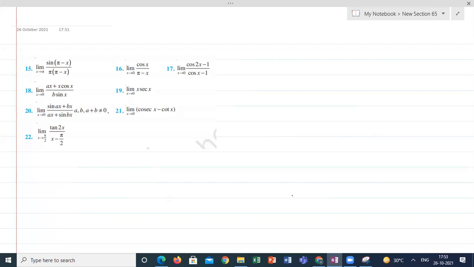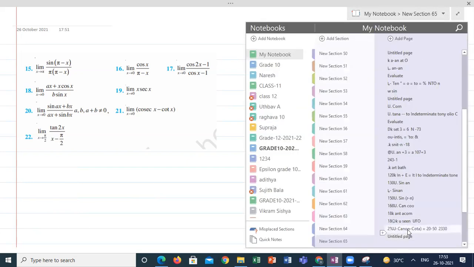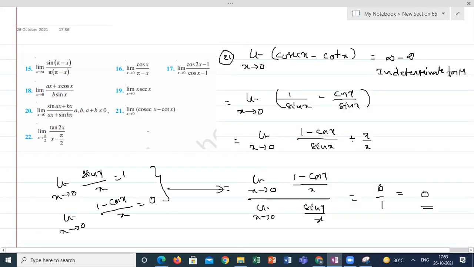Sir, can you show the previous slide? Sir, how is (1 minus cos x) by x equal to 0?